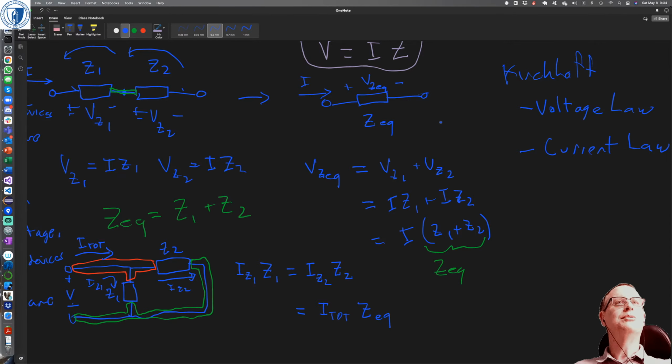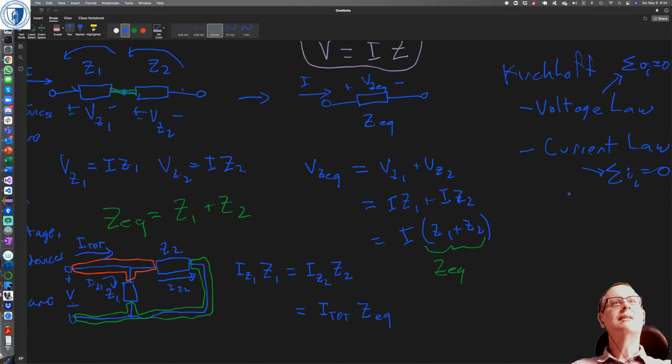Right? And the voltage law and the current law both say essentially the same thing, except one is about voltage, and that one says that the sum of the volts around a circuit is zero, and the current law says that the sum of the currents into a node is zero.